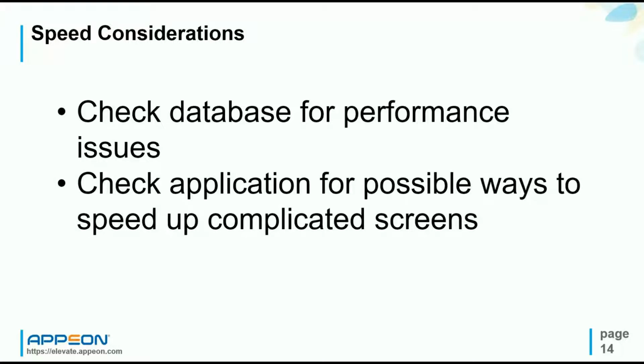And then the next thing you need to think about is to check the application for possible ways to speed up complicated screens. Now, I had one particular screen that had, I think, 8 or 9 tabs on it, and when it was running locally, for whatever reason, I had loaded the entire set of tabs every single time you came in. And actually, the user may only use 1 or 2 tabs when they're working.